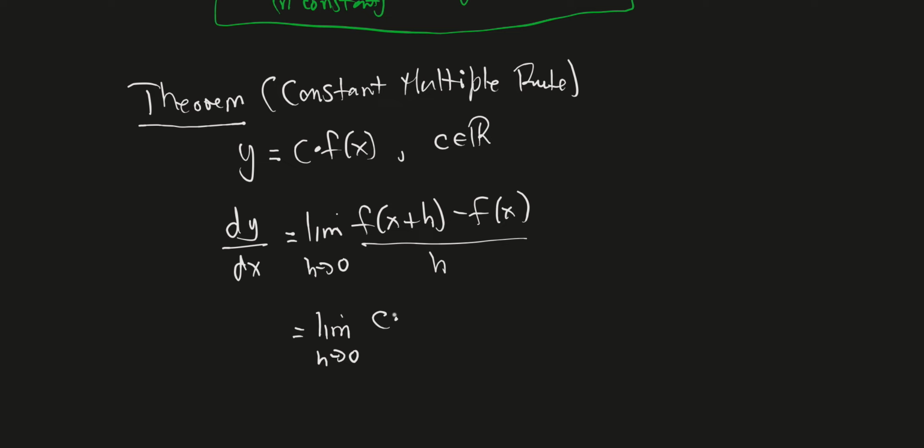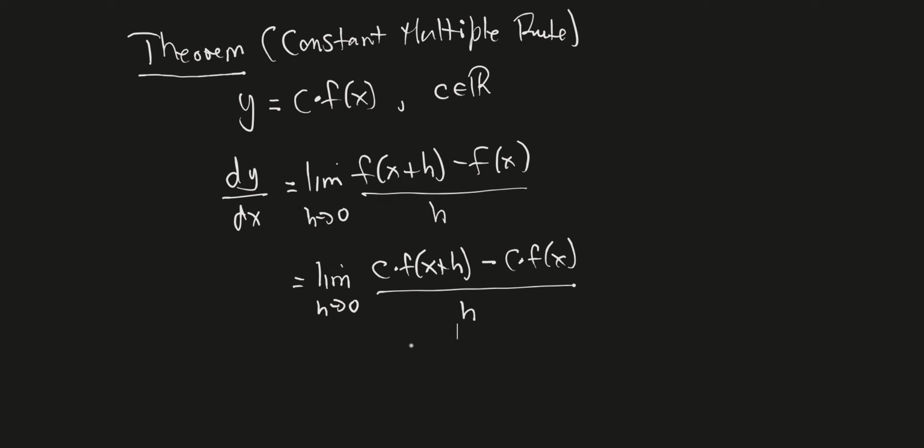I'll have c times f of x plus h like that. And then the minus, well, the function itself is just this, a constant times f of x, so the constant will be there as well. And then this is all over h.